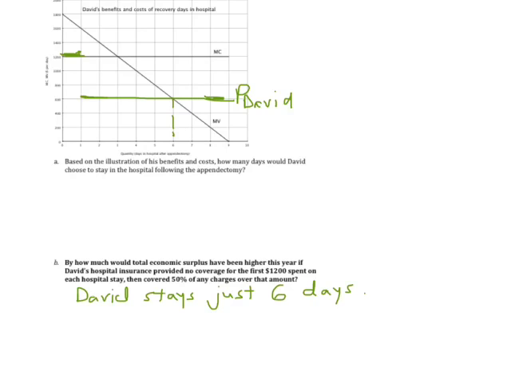Now we could do consumer surplus, producer surplus, etc. We could do that analysis, but it's going to turn out to be easier to answer this question, by how much would total economic surplus have been higher this year, if we just take a tack at this answer to think about how much deadweight loss has shrunk.